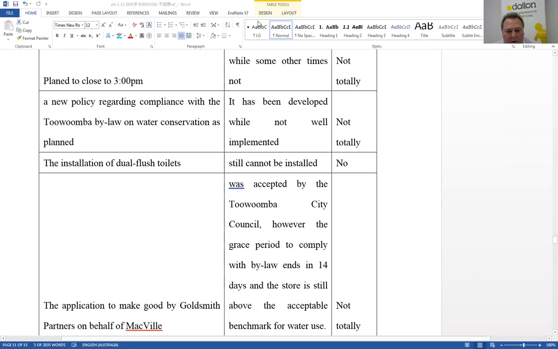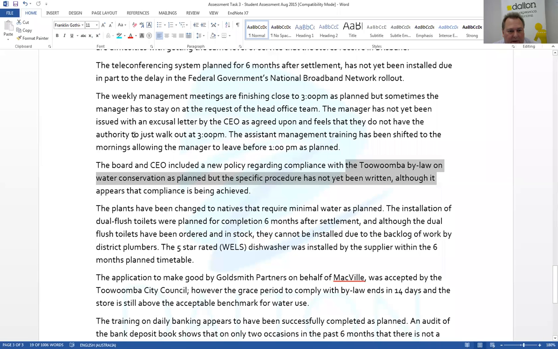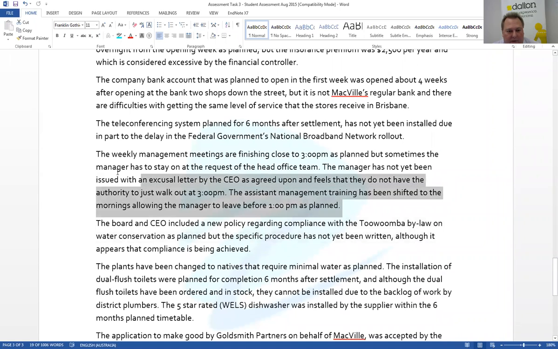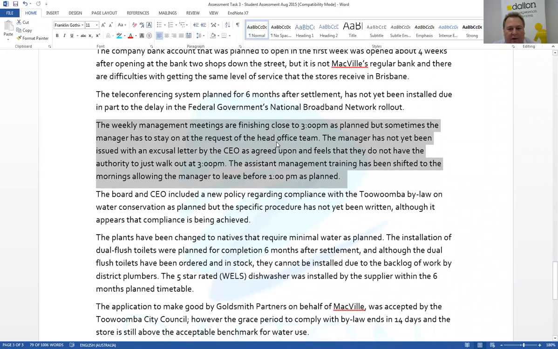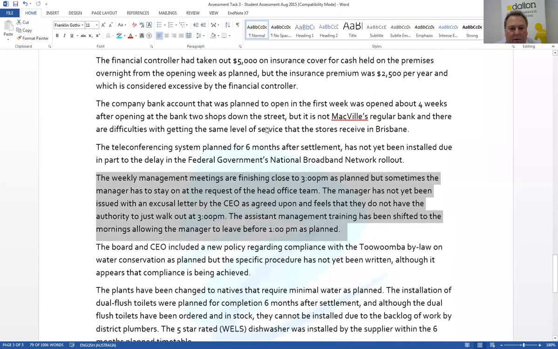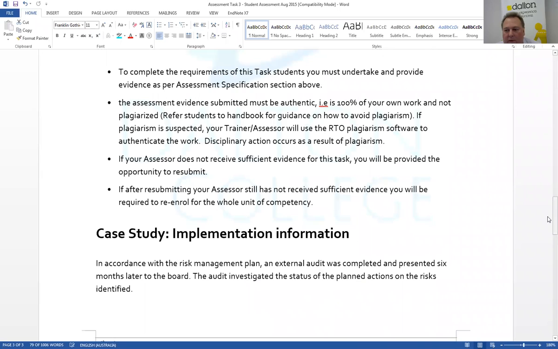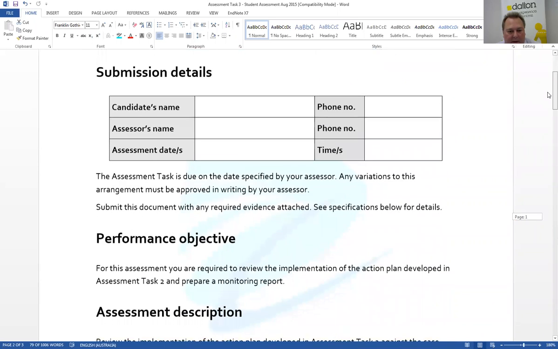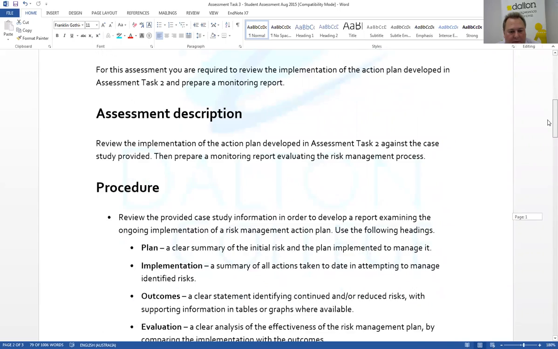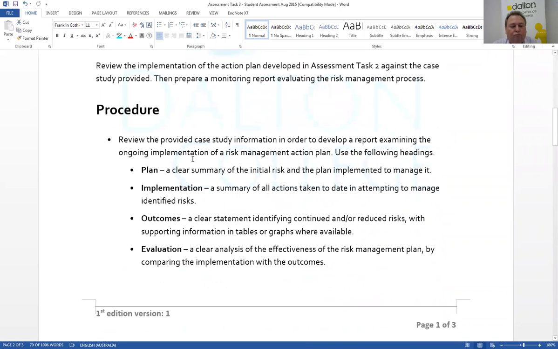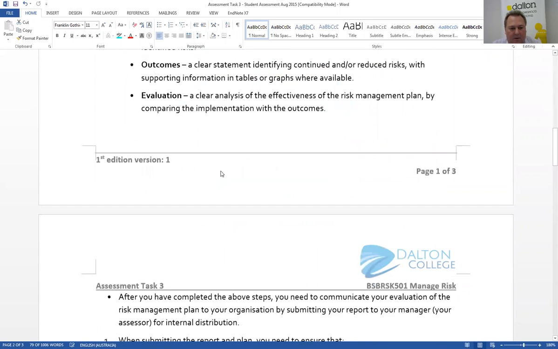And pretty much everything, each paragraph is a different kind of concern or an issue there. So a lot of information is extracted from this and slotted into our implementation table. So we'll scroll up, make sure we have everything covered. So here we are here. Excuse me, we have our procedure, our plan, our implementation table, our outcomes, and our evaluation there.